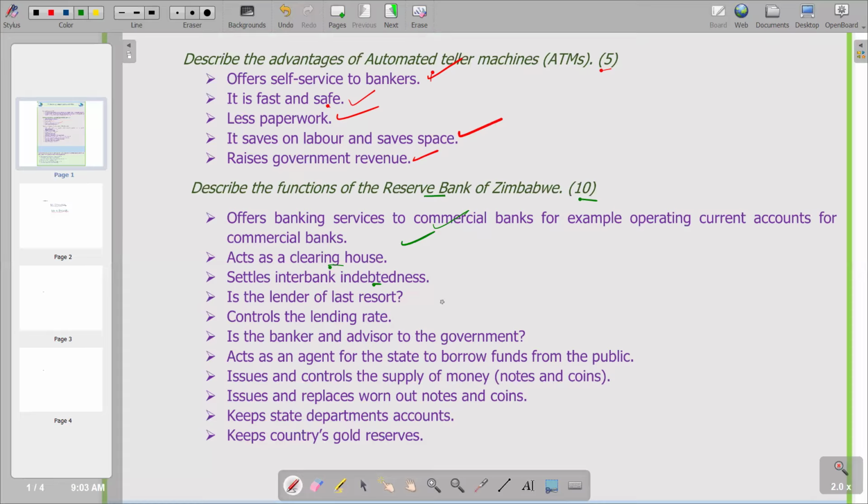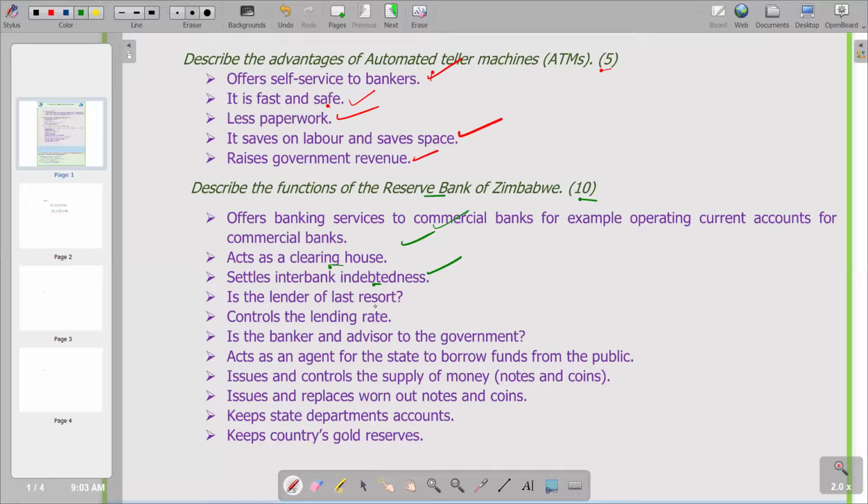So this is what we have in terms of this point. And then we go to the next point. It is the lender of last resort. So being a lender of last resort, we are saying all other banks resort to approach the central bank when they are in need of money.